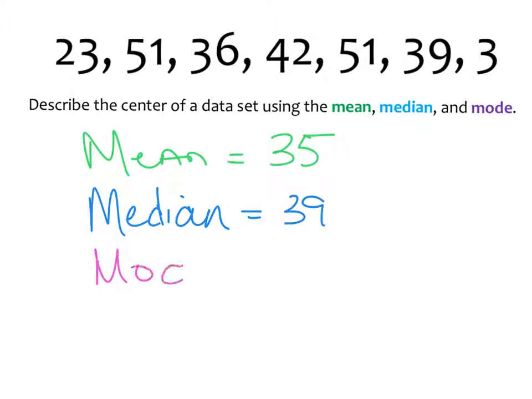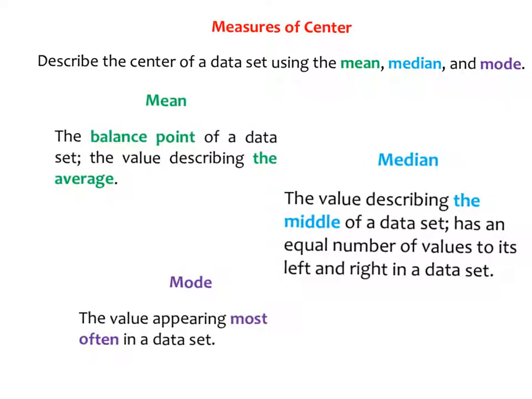And we found the mode, the value that showed up the most was 51. We were asked to find the measures of center for this set of data, and here they are. A mean of 35, a median of 39, the mode of 51.